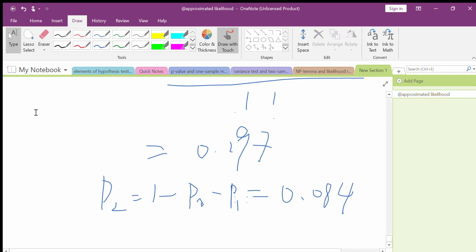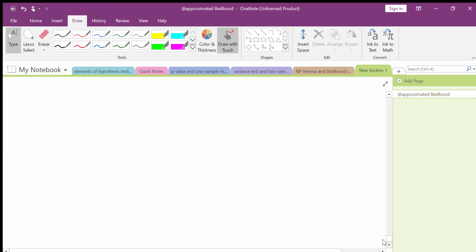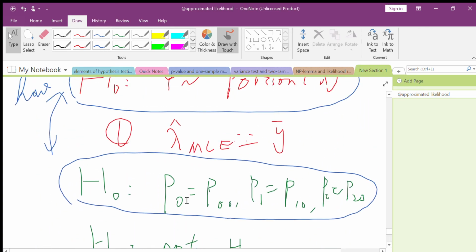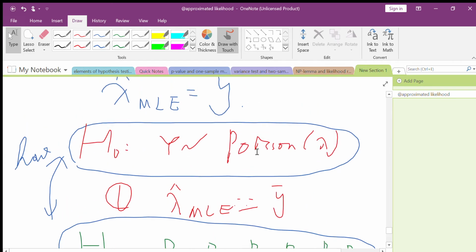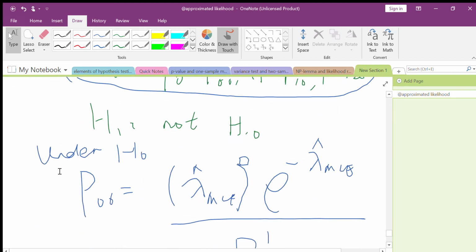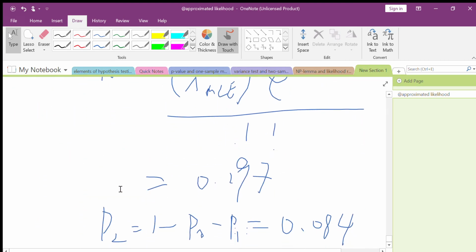Then we have successfully rewritten it. So the capital Y follows Poisson lambda. If you translate to the chi-square test statistic, we have to calculate P00, P10 and P20.